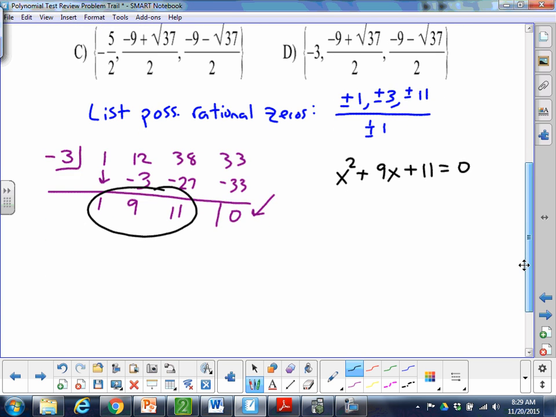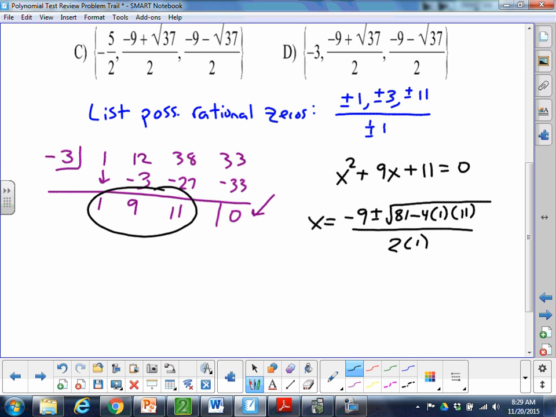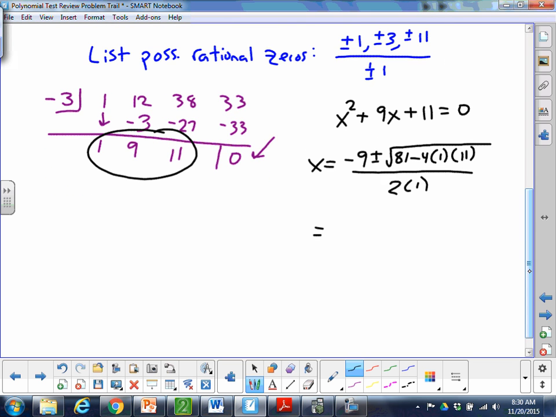If we do the quadratic formula, opposite of b, plus or minus the square root of b squared minus 4 times a times c, all over 2a. We'll do some simplifying. It looks like -9 plus or minus the square root of 81 minus 44.